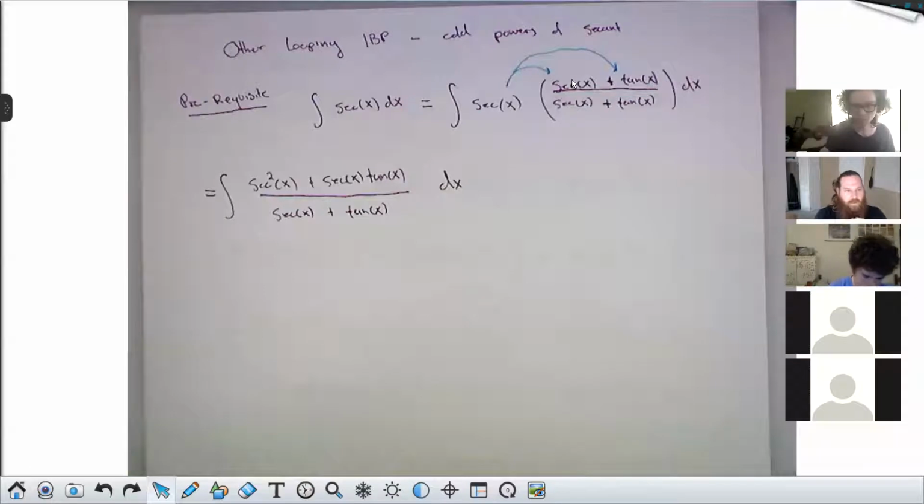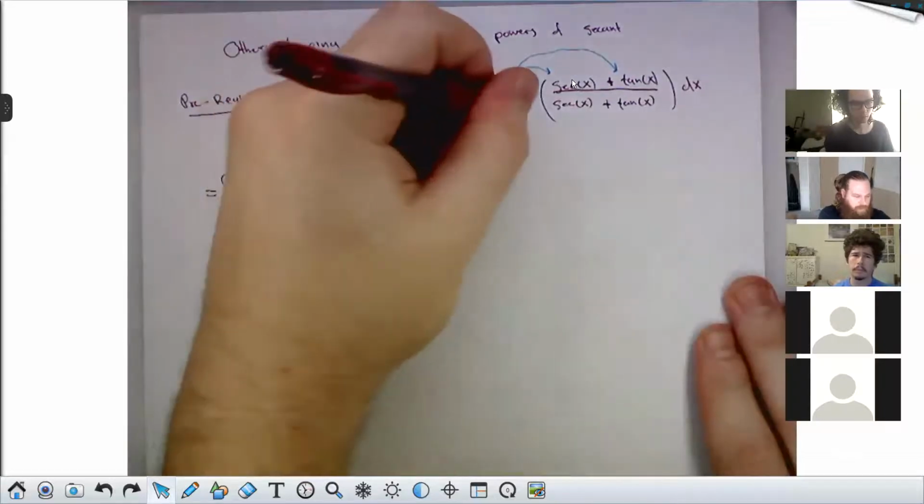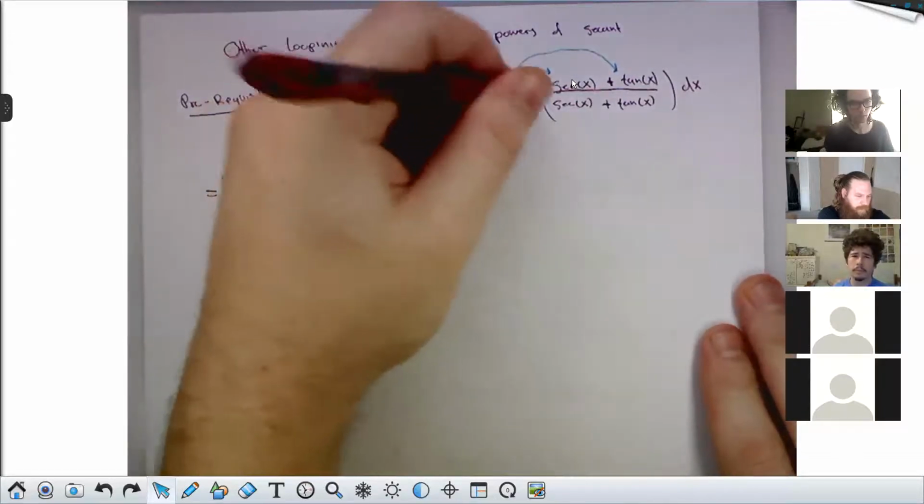So I get this big fraction. The numerator is secant squared x plus secant x tangent x, and the denominator is secant x plus tangent x. Right, because I think of this as secant x over 1, and I multiply the fraction straight across.